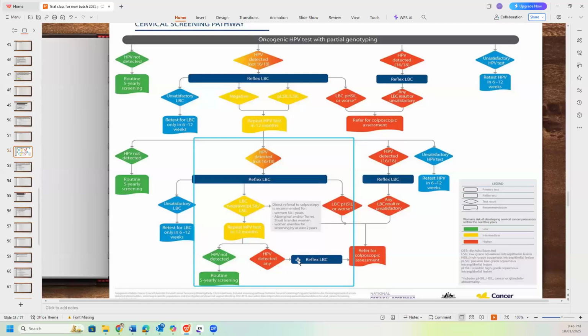If it's consistent in 2 screenings done 12 months apart, then you refer the patient for colposcopic assessment by the gynecologist. But if it is human papillomavirus 16 and 18 which is detected, it doesn't matter what the result of the liquid-based cytology is, or if you have HPV detected which is not 16 and 18, but your cytology shows a high SIL, then you have to refer the patient for colposcopy.